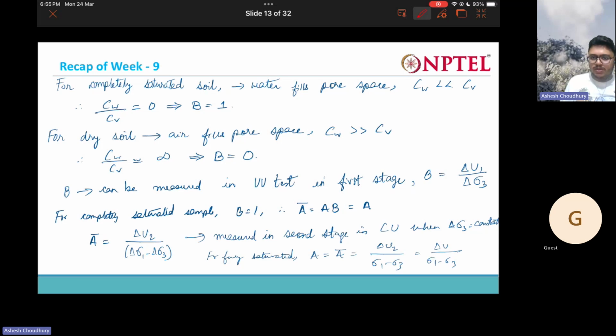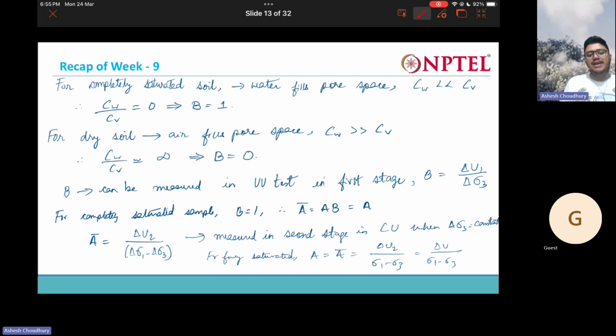Cw is much less than Cv, where Cv is the compressibility of the soil skeleton (void space) and Cw is the compressibility of the water. So Cw by Cv is going to be equal to 0 because Cv is much larger than Cw, so B is going to be 1.